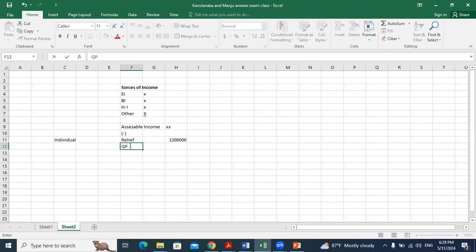qualifying payments. See, the qualifying payment has not been defined in the Act. Instead of defining the qualifying payments, the Inland Revenue Act lists down certain payments as qualifying payments.